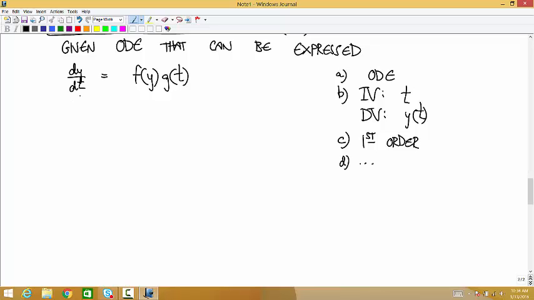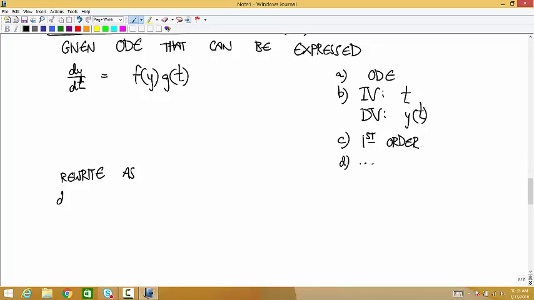Okay, so the way to solve this is you're going to rewrite it by moving all the t stuff over to the right and all the y stuff over to the left.